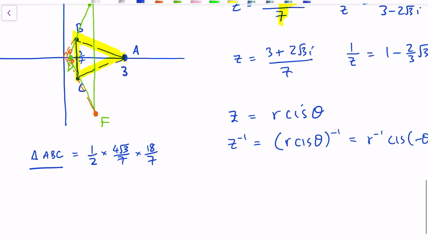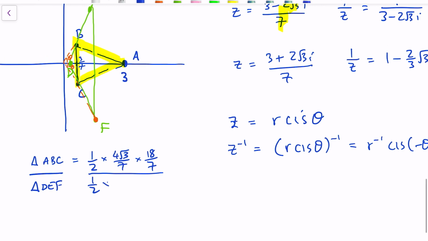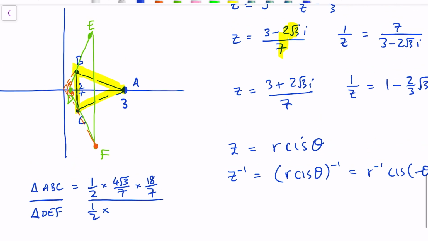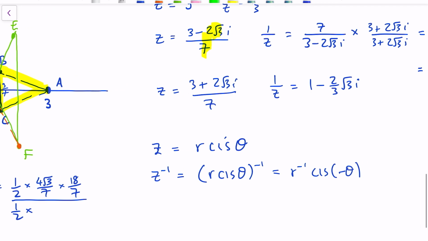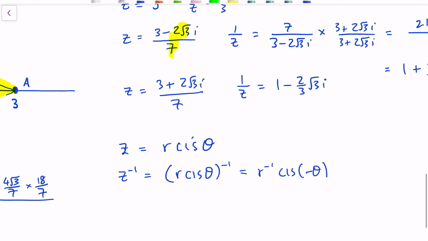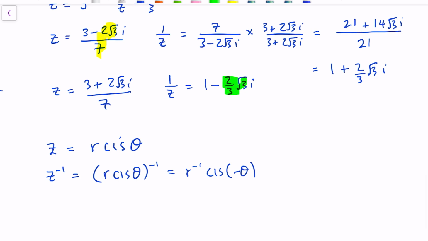Now divide it by the triangle DEF, do the same thing. A half times the base. The base is the distance between E and F. Okay, E and F, the imaginary part, 2√3/3 for both of them, so we double that.